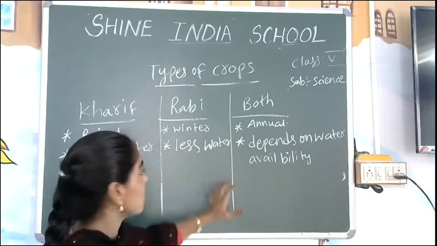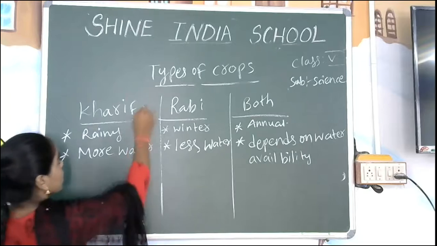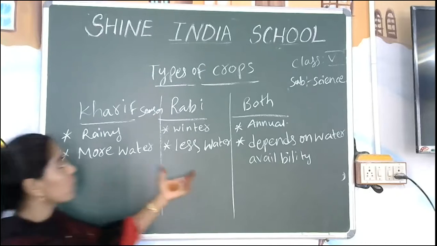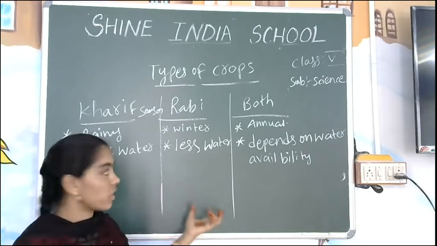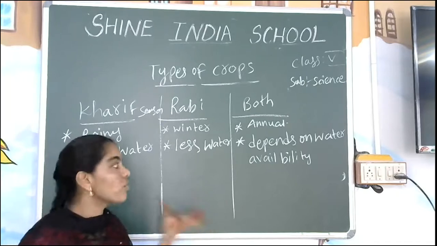Okay, this is the main thing. First, Kharif season plants need more water, and Rabi season plants need less water. What about the ones that are both? It doesn't depend on season, it depends on the water limit.